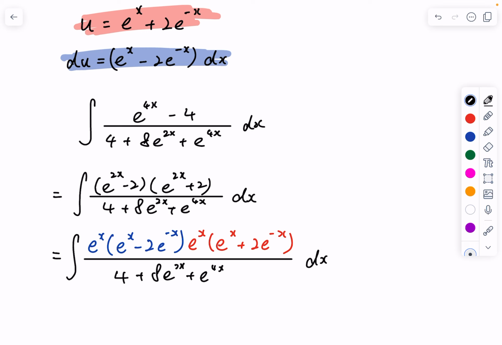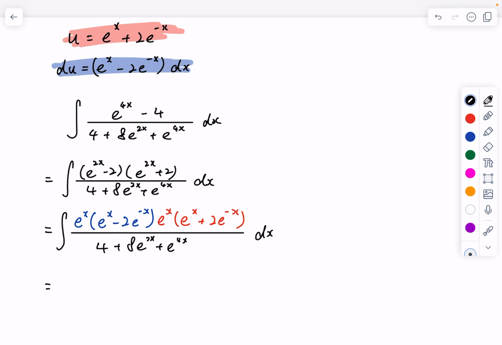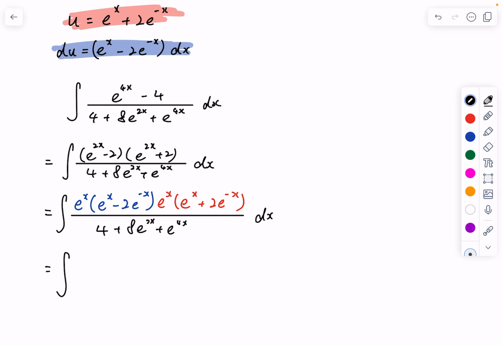This will become the integral of e to the power of 2x, because we're combining the two parts. And the blue one will become the du, and of course we still keep the dx here. The red one will just become u, so we just put the u here.